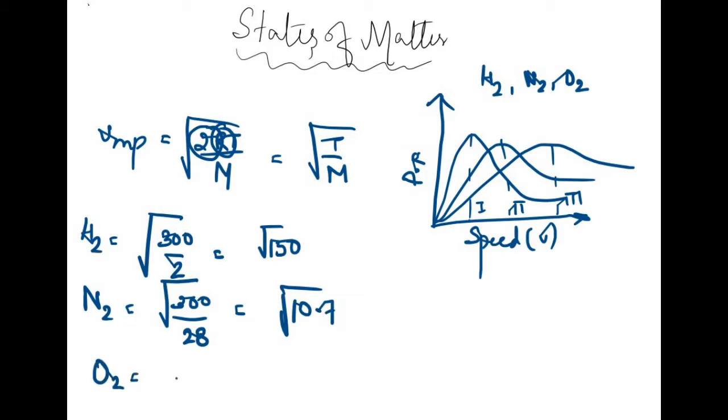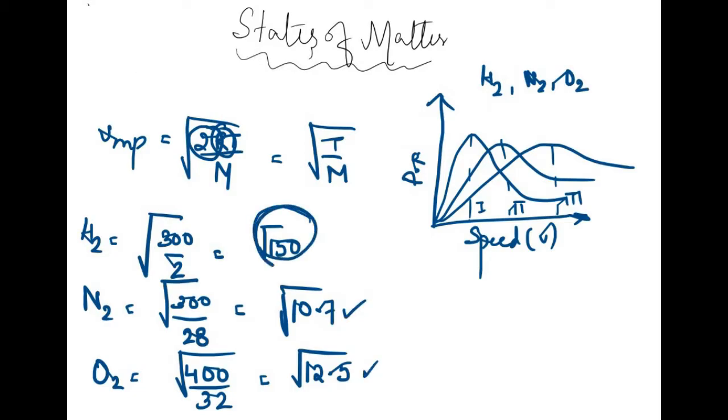And oxygen, the temperature is 400 as mentioned, and the mass is 32, 16 into 2. So this is root over 12.5. So you don't have to solve the square root value. Just see that the value of root over 150 will definitely be higher than these two. So obviously this should be the highest value.